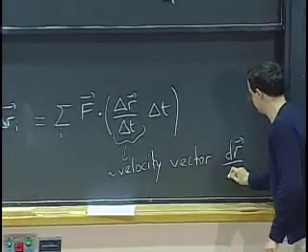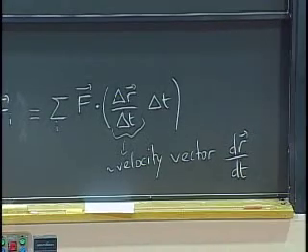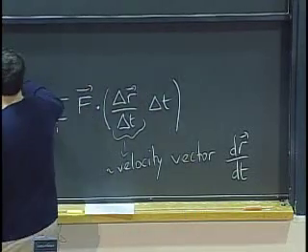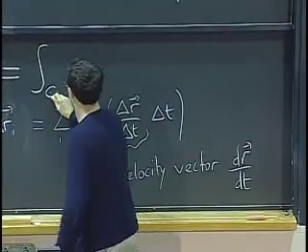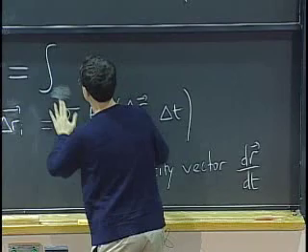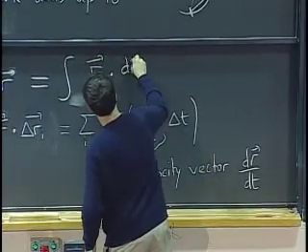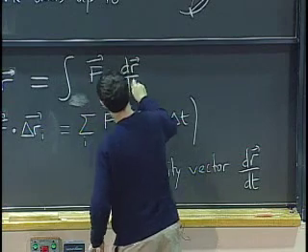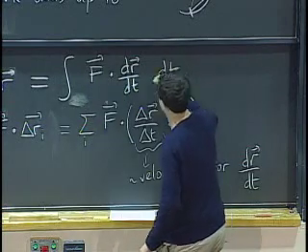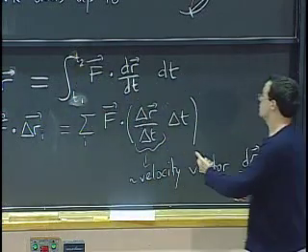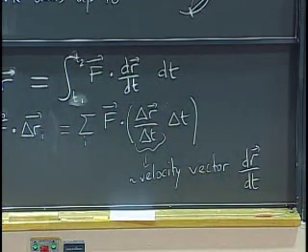If I just rewrite it this way, nothing has happened, but what this thing actually is, is the velocity vector, dr/dt. So what I'm trying to say is that I can compute my integral by integrating F dot product with dr/dt over time, from whatever the initial time to whatever the final time is.